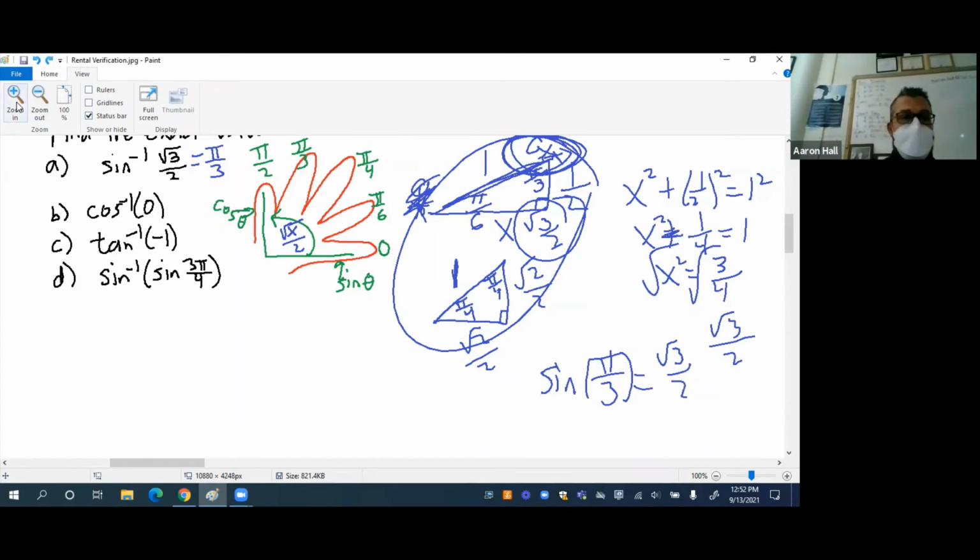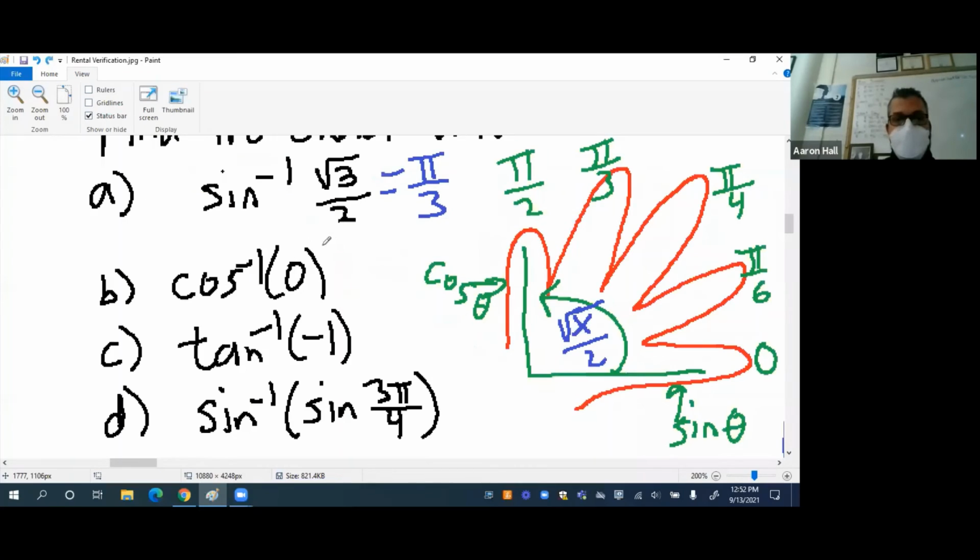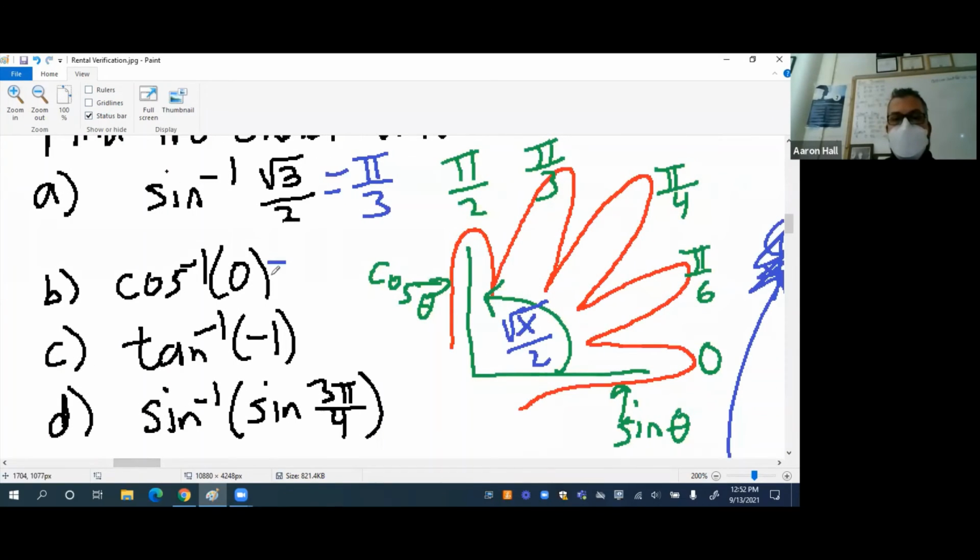All right, let's go ahead and look back at this here. We're doing inverses. For all inverse trig, we're trying to find what? The angle. So there's some angle here. What is the angle? What finger do I put down so that I can create 0 here? The square root of 0 over 2.